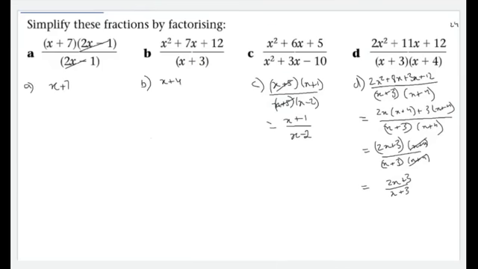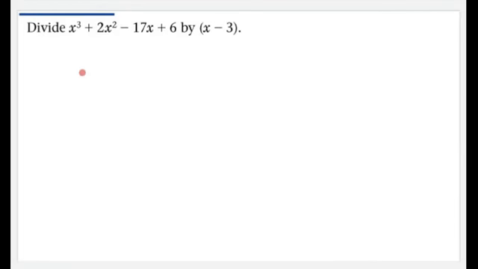Cool. So now the thing that we're getting into is ones like slide 3, because this one's not as easy, because unless you know already, up to GCSE, we haven't actually learned anything for being able to factorize a cubic. So dividing by x minus 3 is a little bit... Ugh.